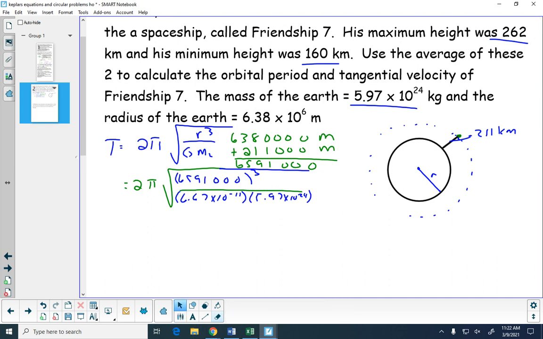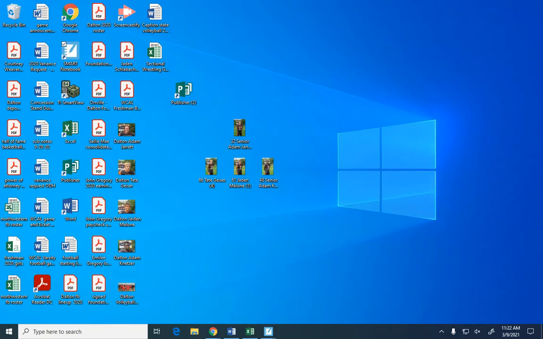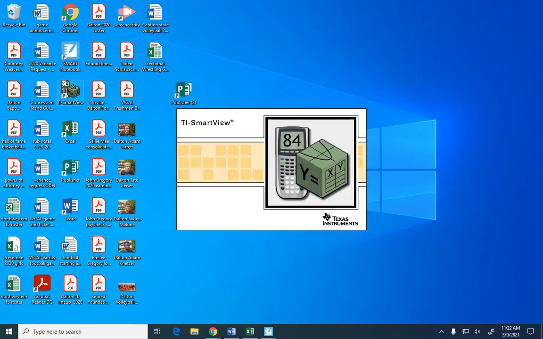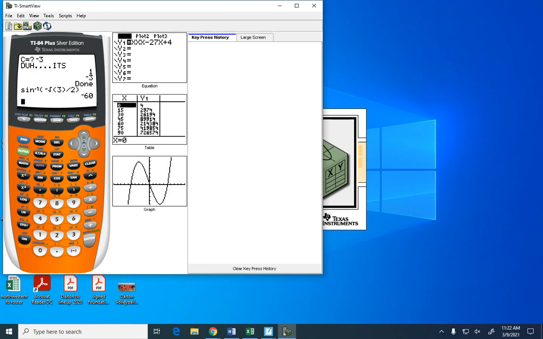Now we're going to get a little scientific notation activity here, because we can do that times 10 to the 24th and times 10 to the negative 11. But your calculator is set up for scientific notation also.